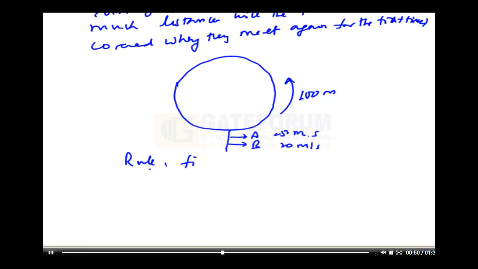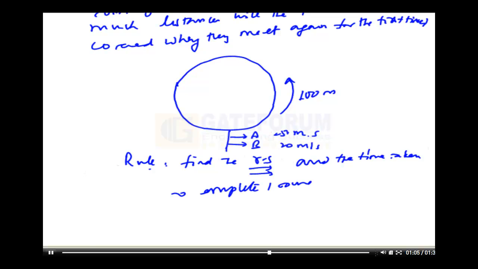The rule is: find the relative speed in the same direction and the time taken to complete one round with that speed.